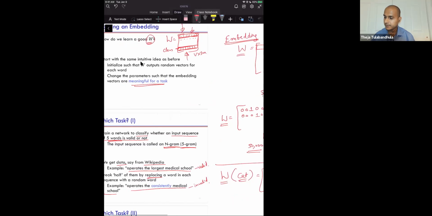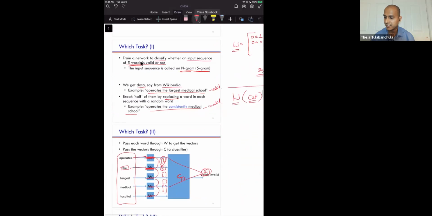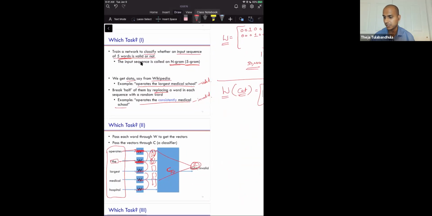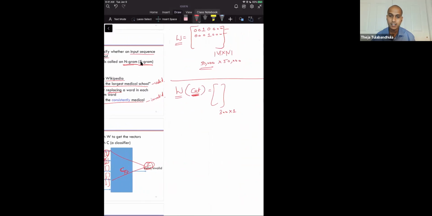Last time I discussed an example task to learn such a W. Let's say there's that W which can take a word and produce a vector. Last time I created an example task to see if we can learn a W, and I did not really specify the details of the task in enough detail, which was that the task was about classification.